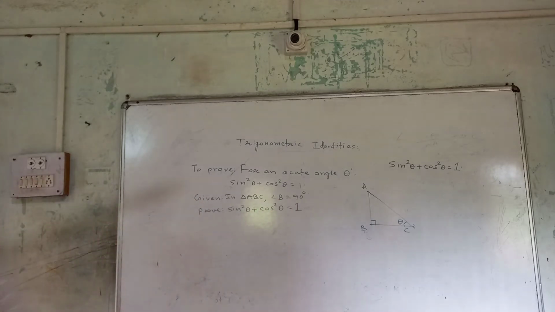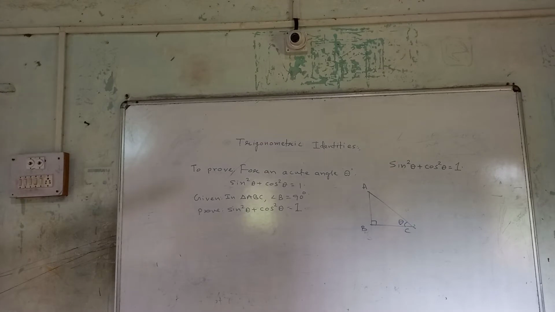This we have to prove. Now as I told you, you will always be given one right angle triangle where one angle will be shown as theta or whatever degree it may be, simply named as acute angle A or acute angle B, like that. Now to prove this identity, we have to use Pythagoras theorem.